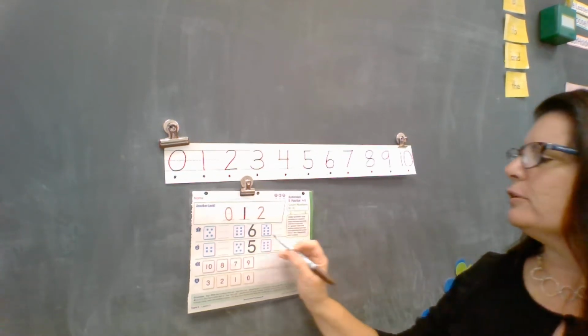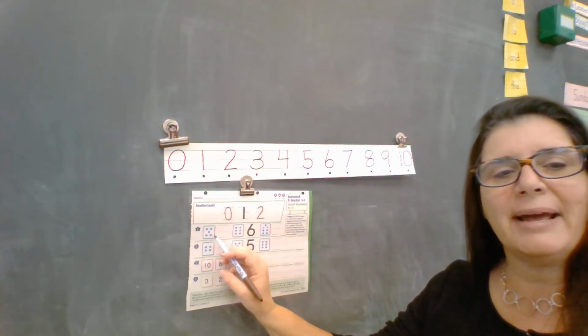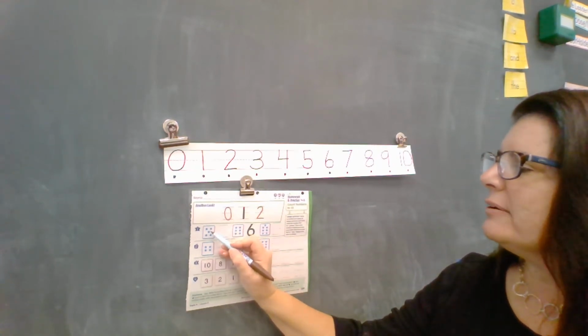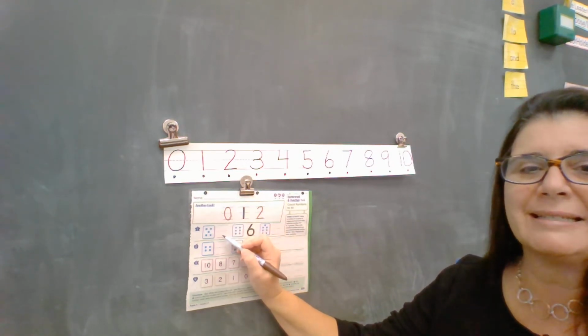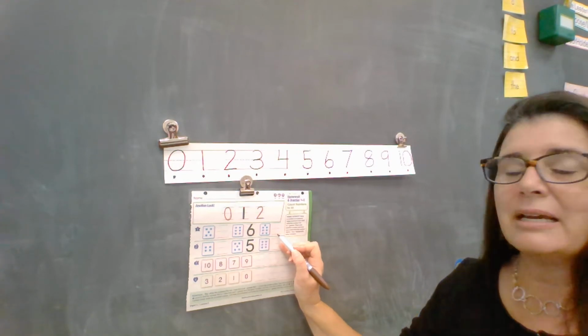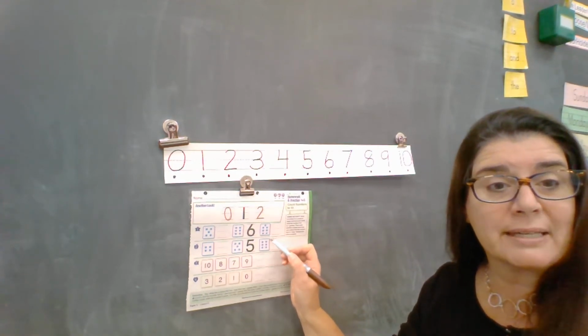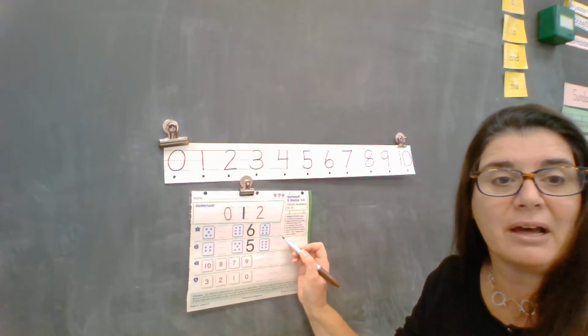And then they give you the number in the middle, but they also give you a die to count how many. So you're going to count how many and write the number. It's the number that comes before 6 and the number that comes after 6. If you know what comes before 6 and after 6, you can just write the number and you don't even have to count the dots.